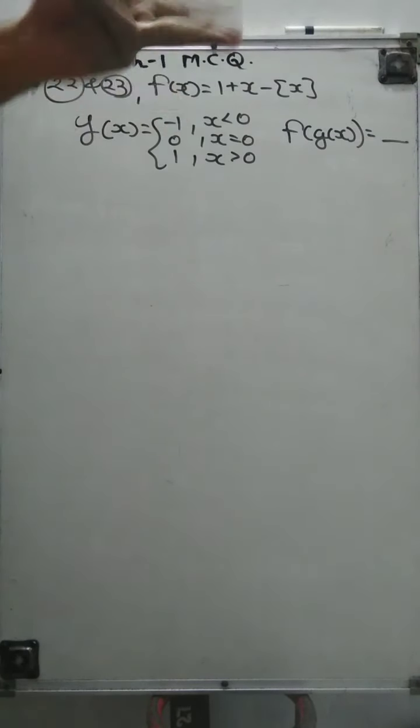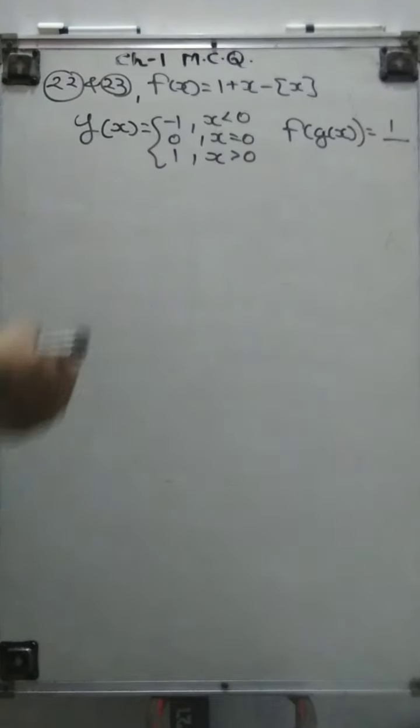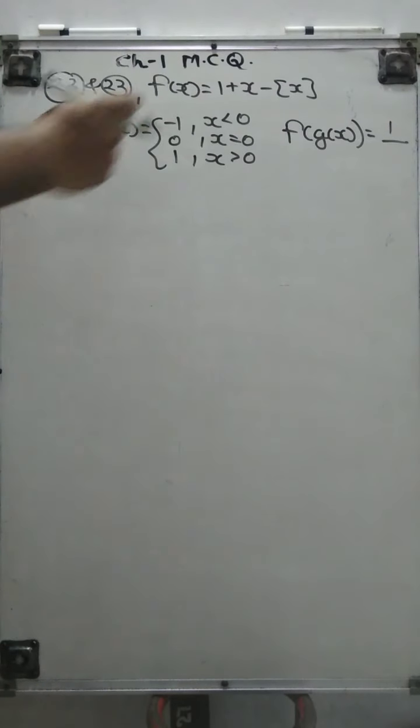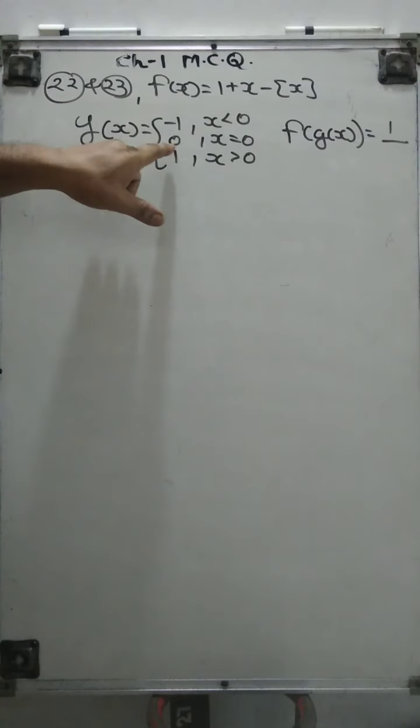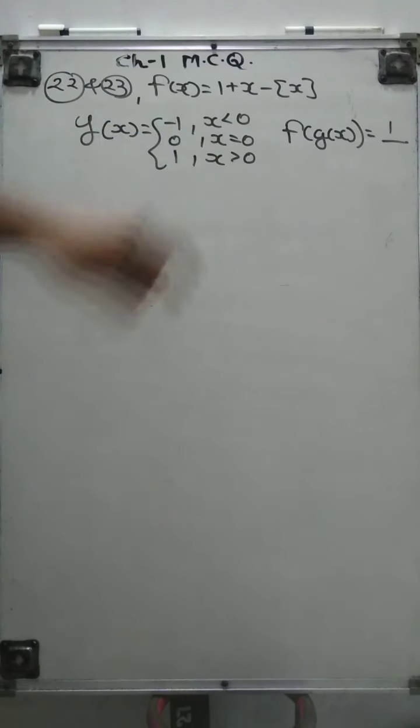Therefore our answer f(g(x)) equal to 1 is obtained, which is true, but the f(x) and g(x) are interchanged. So please make the correction that f(x) = 1 + x - [x] and g(x) is -1, 0, 1 for the given terms. And then we go for this one and we get the answer 1.